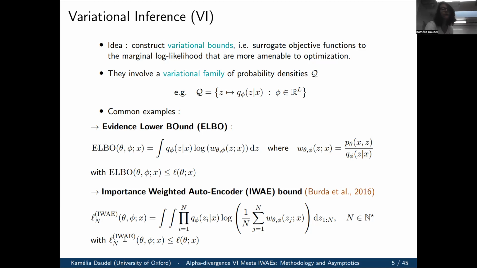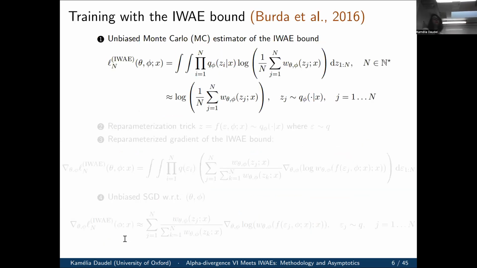Okay. So I was telling you, this is an objective function that you use as a surrogate, and you're hoping that this is easier to optimize. So the next question is, how is this optimized? In the context of the paper by Burda and co-authors, training with the IWAE bound relies on 4 steps. The first step is to be able to approximate your target. I'm going to look just at the IWAE bound because it's a generalization, so what I'm saying here also works for the evidence lower bound when n equals 1.